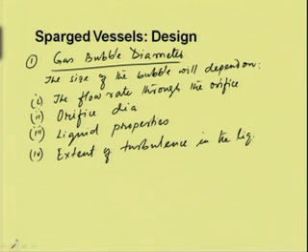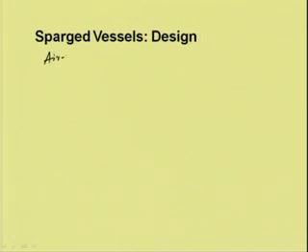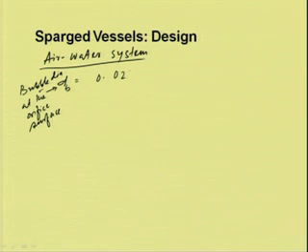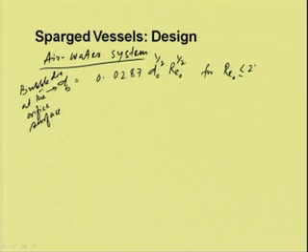For air water system, we can use the correlations for the size of the bubbles leaving the orifice. dB, the bubble diameter at the orifice surface, will be 0.0287 d0 to the power half, Reynolds number 0 to the power half, for Re0 less than or equal to 2100.